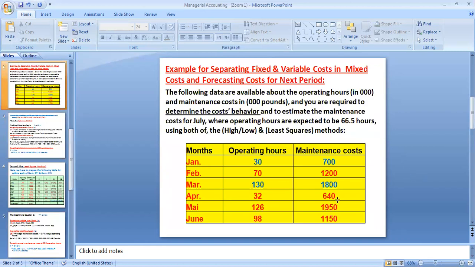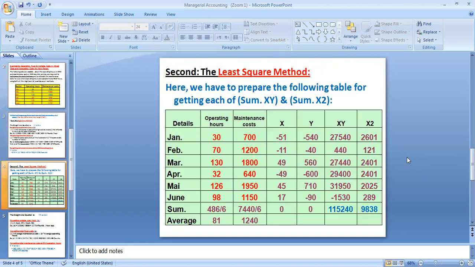These two columns that I put here: 30, 70, 130, 32, 126, 98, and 700 pounds, 1,200 pounds, 1,800, 640, 1,950, and 1,150. What do I have to do?